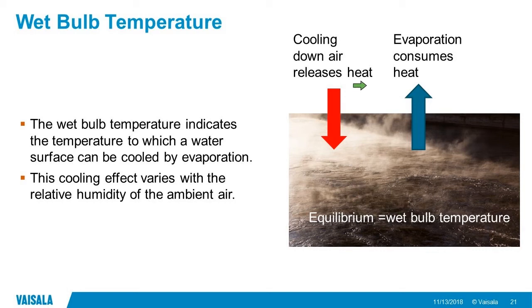But on the other hand, once your water is cooling down, you also will release heat by the cooling down of the actual air. So once you have this system running for a while and you reach an equilibrium, you can then measure what the temperature is of this water, and that is your wet bulb temperature.